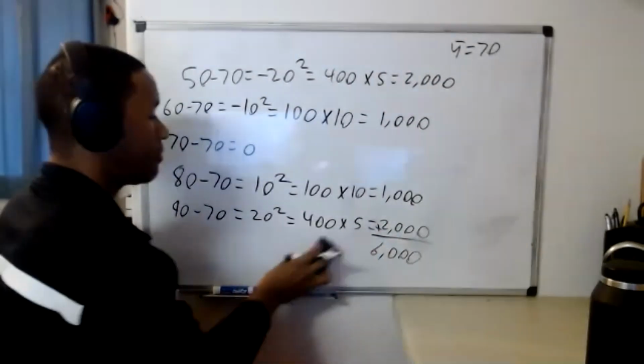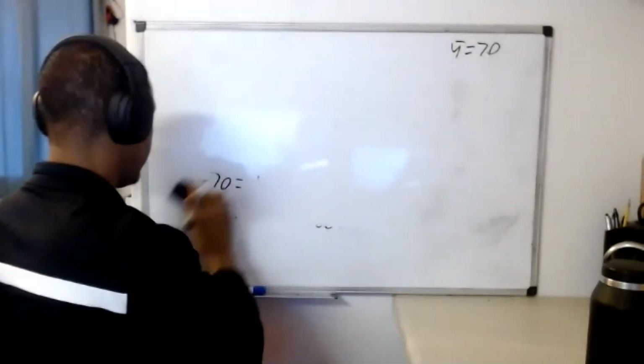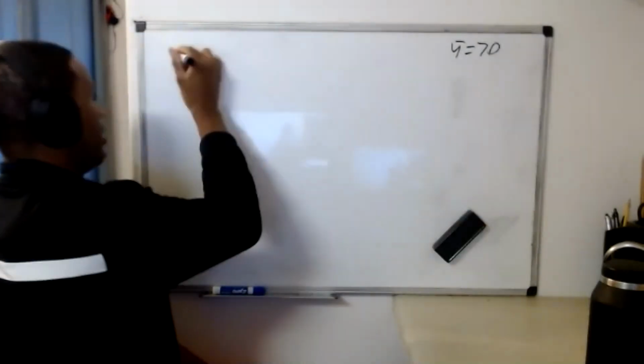Now that we have the top part of the equation, 6,000, for the variance, if y'all remember the variance equation, it looks like the sum of the raw score minus the mean, squared, divided by n minus 1. So we've done all this.